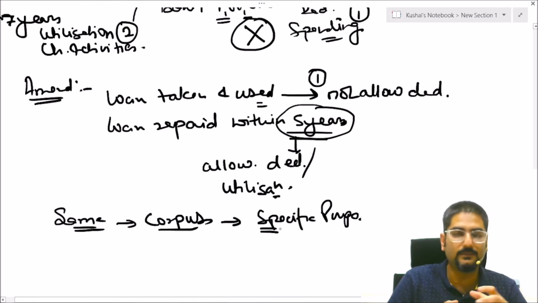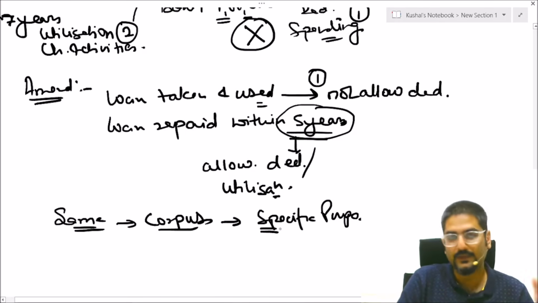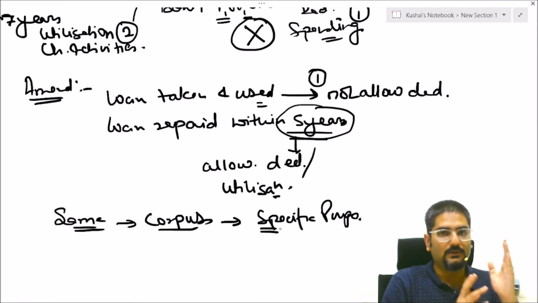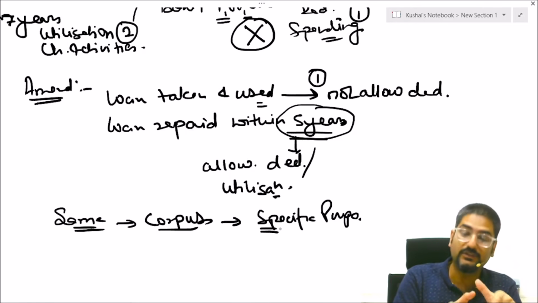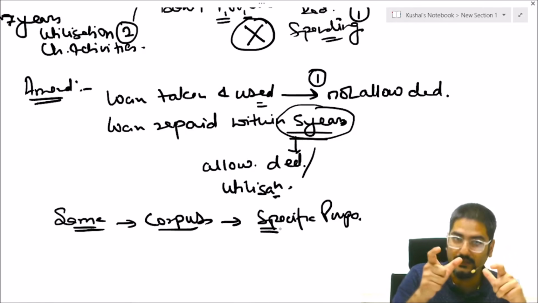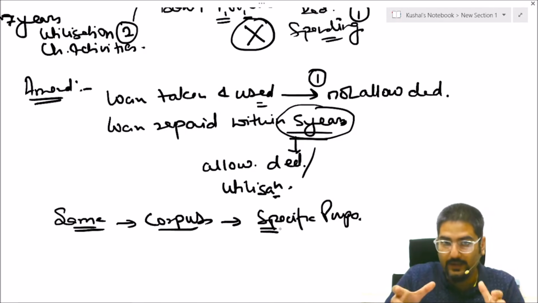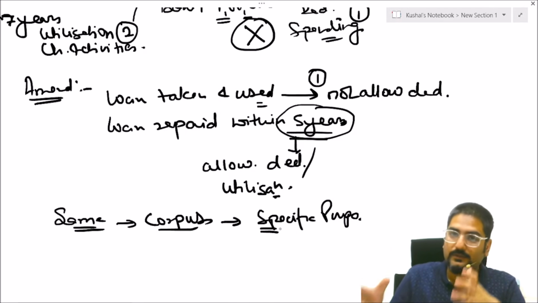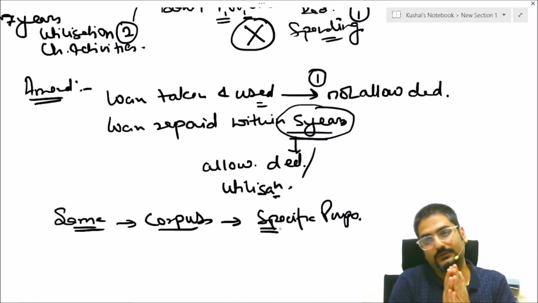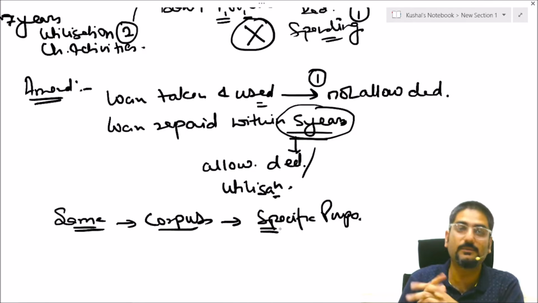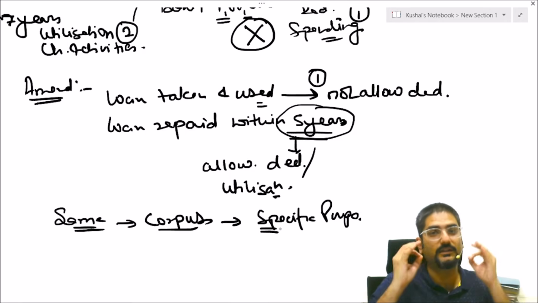Same principles applicable, equivalent to repayment of loan. So the fund has to be transferred to the common corpus of the trust within the period of 5 years, and it is treated as utilization only in the year when that particular fund has been transferred into the corpus of the trust, right? So this is the position as per the amendments proposed in Finance Bill 2023.